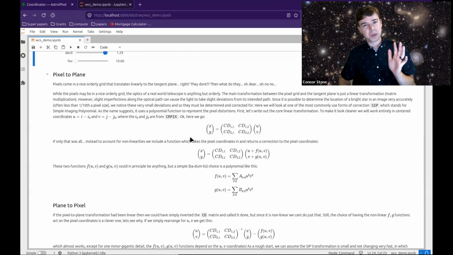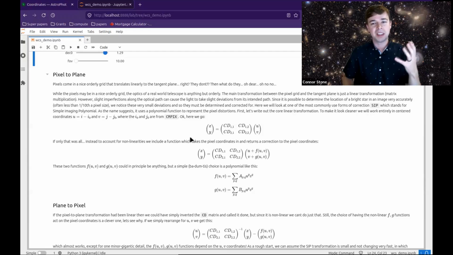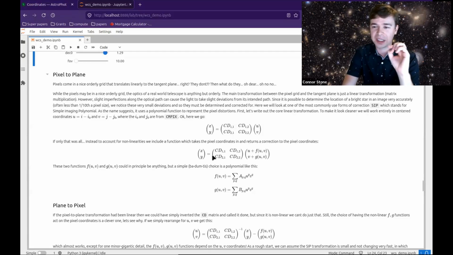But real telescopes rarely are perfectly linear transformations between their pixels and a nice tangent plane on the sphere. So what's commonly used is SIP distortions, or simple imaging polynomial, which creates a slight shift in the position of your pixels. The way that this is represented is actually quite clever.